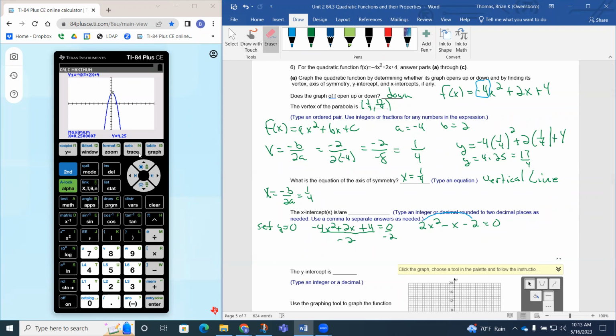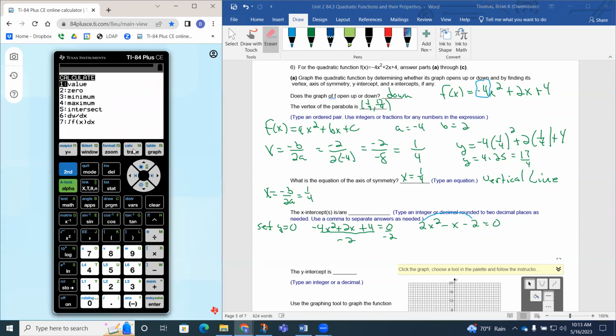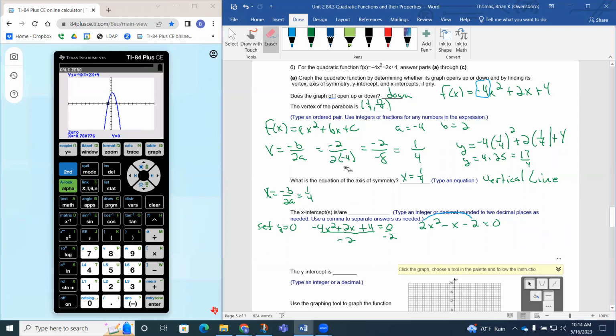On my calculator, I hit the second button, then calculate, and use number 2 for zeros. To find the x-intercept over here, I have to be left of it, hit enter, get to the right of it, hit enter again, and I get this point, -0.78. So -0.78 would be one of the x-intercepts.